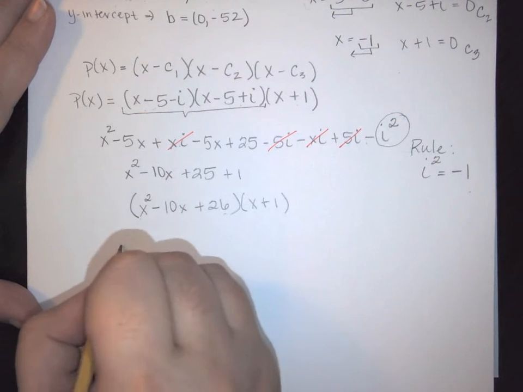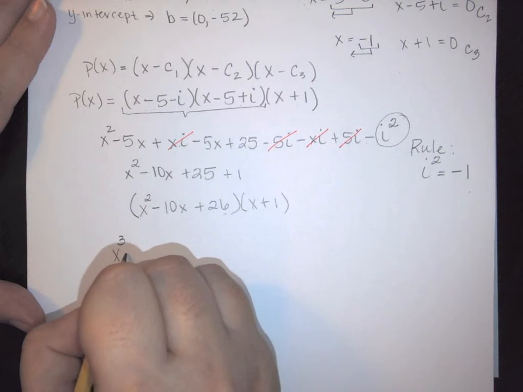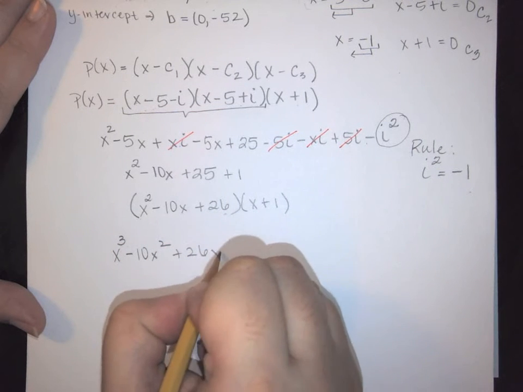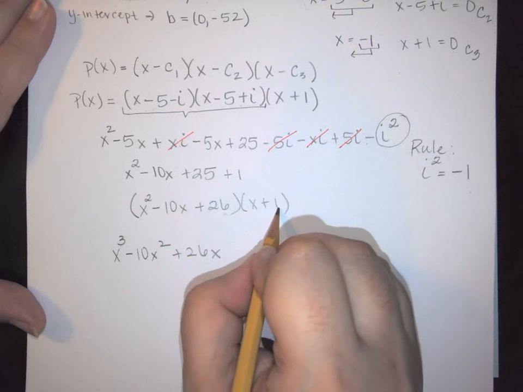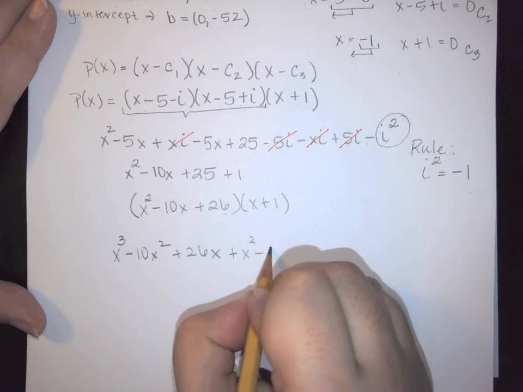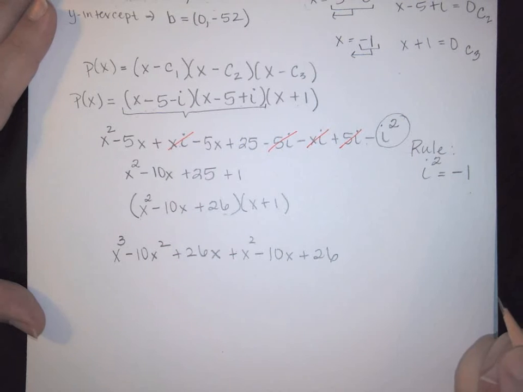So x times x is going to give you x cubed. x and 10x is a negative 10x squared plus a 26x, and then we're going to multiply with the 1. So this will be plus x squared minus 10x plus 26.